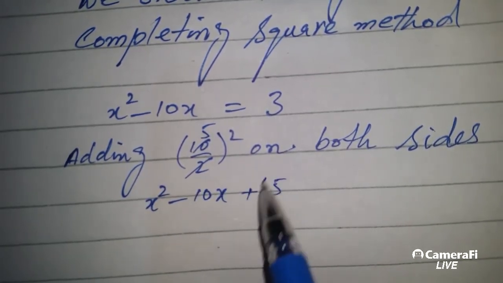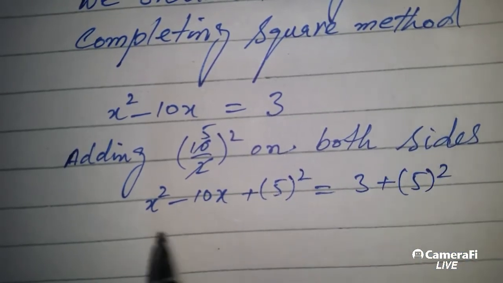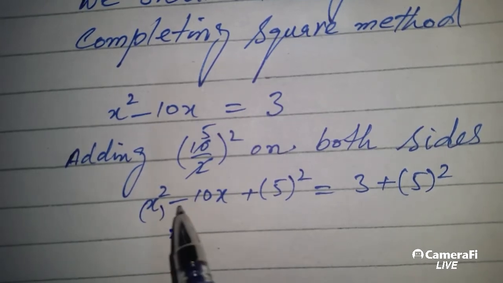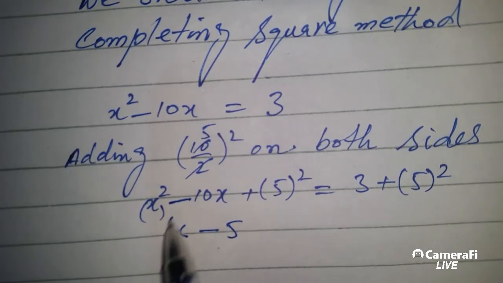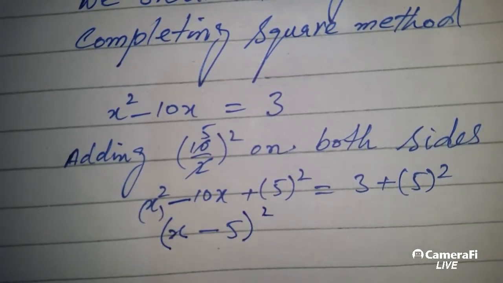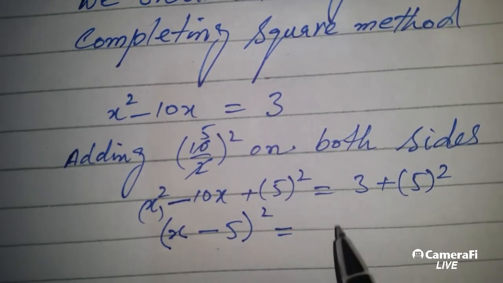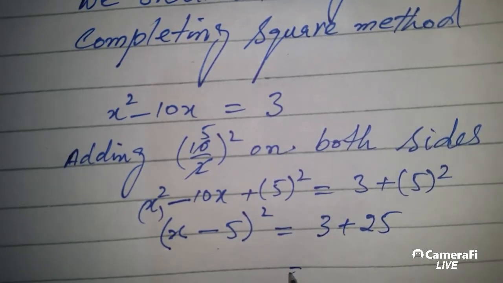There it is, the square of 5 and the square of 5. Here take the first term from here, that is x, take the sign from here and take the second term from here, and place the parenthesis and write square, the whole square.